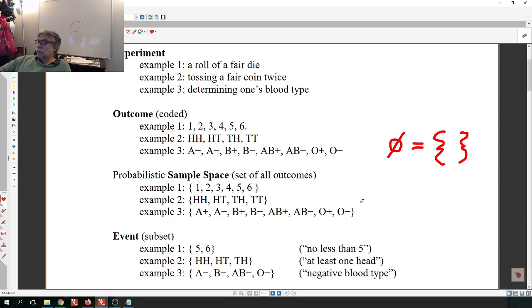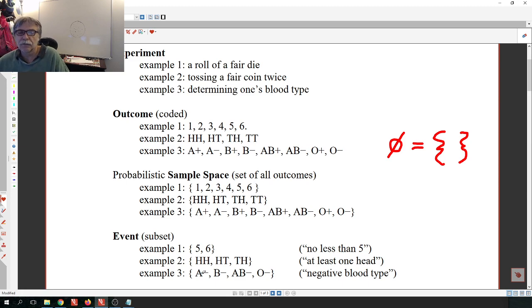Blood type. Now, assignment to a blood type would be a little bit of a problem, okay? Now, you can say, what is the chance that I'm going to have a negative blood type? You can say 1 out of 2, because I'm either going to be positive or a negative blood type, right? I am personally positive blood type. My wife is positive blood type. Most of you are positive blood type. So you realize, wow, it's more likely to be positive blood type than a negative blood type.